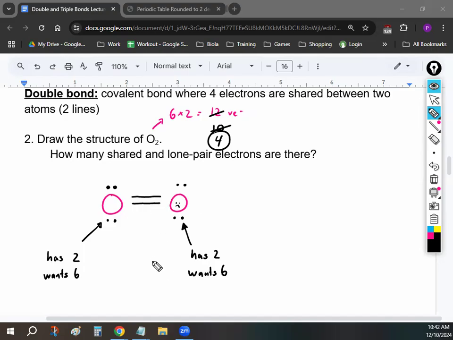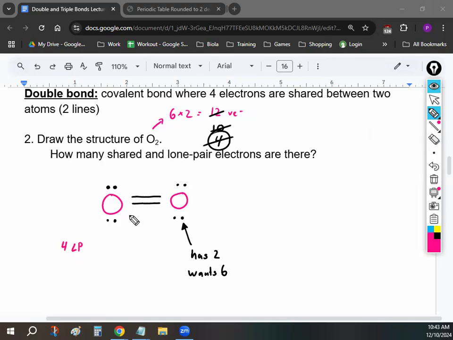So you're making them share more with one another in order to make sure everybody has 8 while using the electrons that you have. Now let's count up the electrons on the oxygen on the left side. It has 4 lone pair electrons, and there are 2 lines.